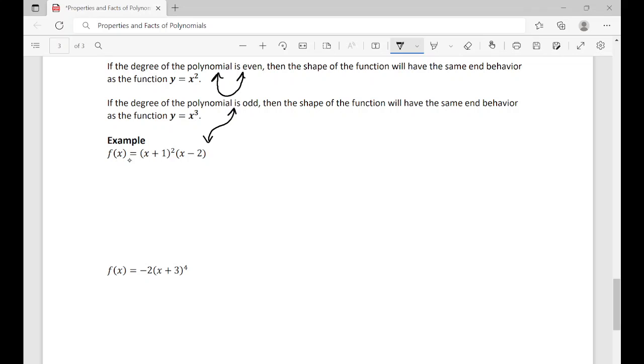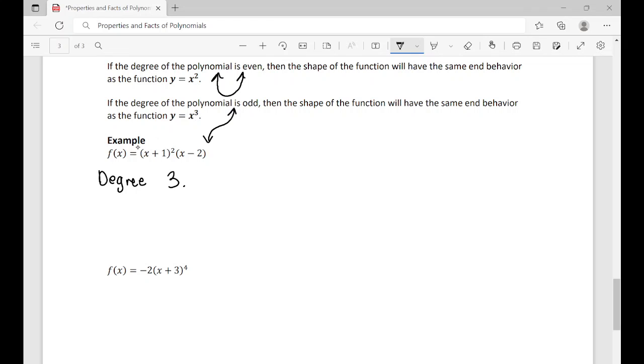So we start here, f of x equals (x plus 1) all squared times (x minus 2). We see there's a 2 here and there's a 1 here. So this is going to have a degree 3. And since it has a degree 3, and it has other stuff going on, but we're only focused on the highest term here, the highest degree. Since it's just an odd degree, it's going to have this shape.